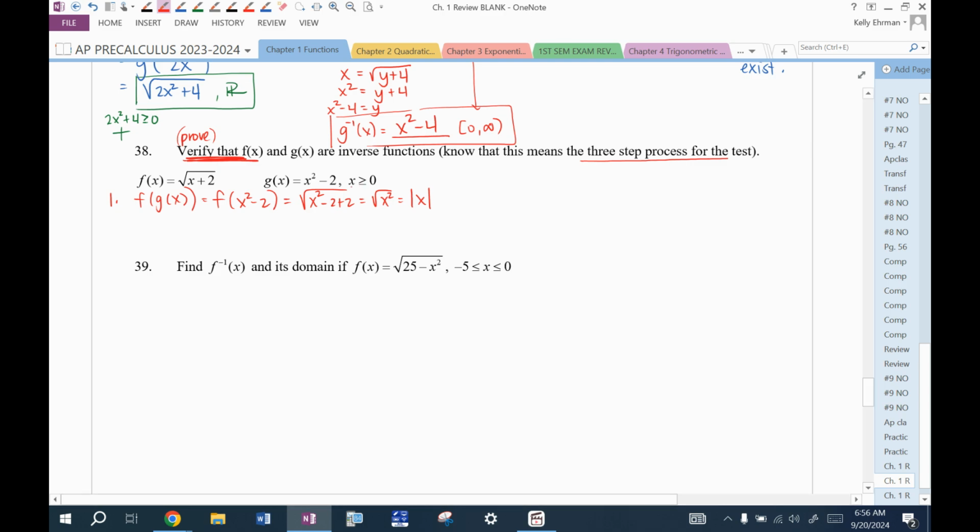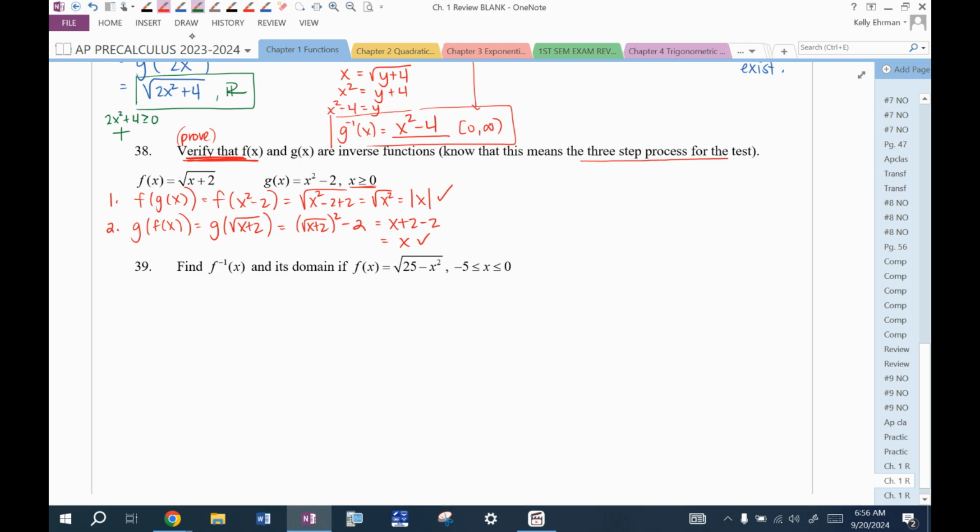That might not be true, especially if you see a restricted domain. So consider this that it's simplified to x. And then number 2 is g of f of x, which means g of square root of x plus 2. So we are taking square root of x plus 2 and squaring it and then subtracting 2. X plus 2 minus 2, that does come out to x.